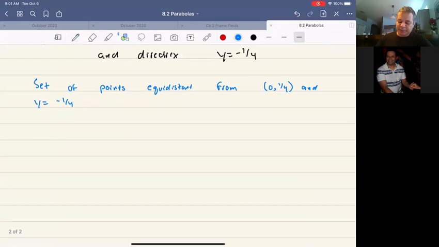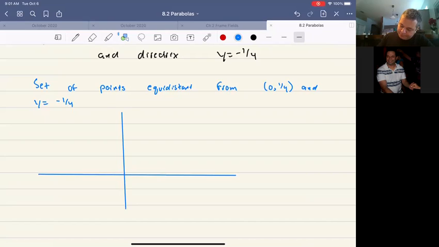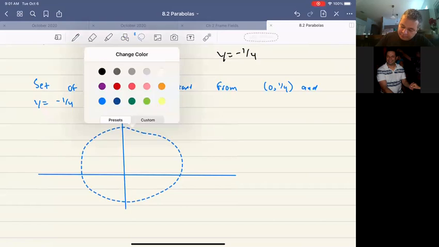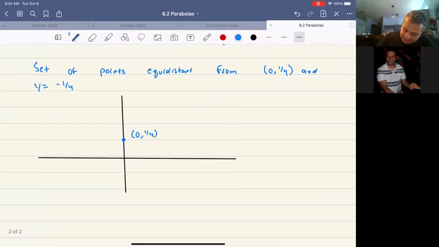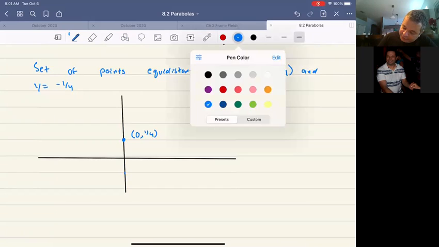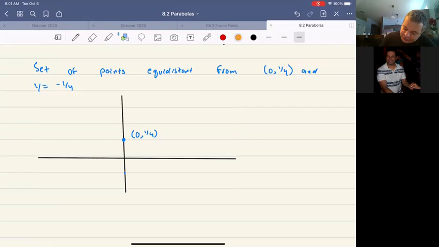Let me draw a little picture here. We're going to have a point here, let's say this is our (0, 1/4), and this is our line, let me draw it in orange, y equals negative 1/4.